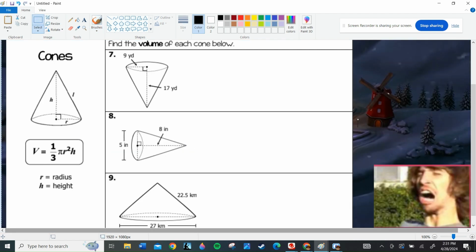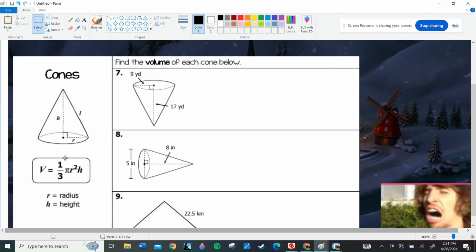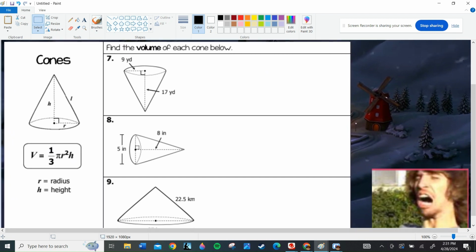Let's try out some cones, okay? Once again, the formula looks different, but it's the same deal. It says pi r squared, okay? Before in the last ones, it said b times h times 1/3, 1/3 b times h.